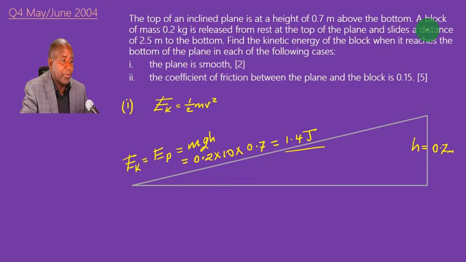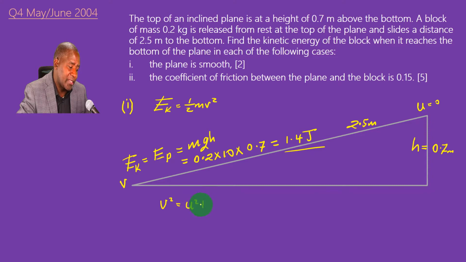Like, for example, we are given that the distance it slides is 2.5. This distance is 2.5 meters. It starts from rest. u is 0, and you want the final speed at that point. You can use the equation v squared equals u squared plus 2as in order to work out the v.